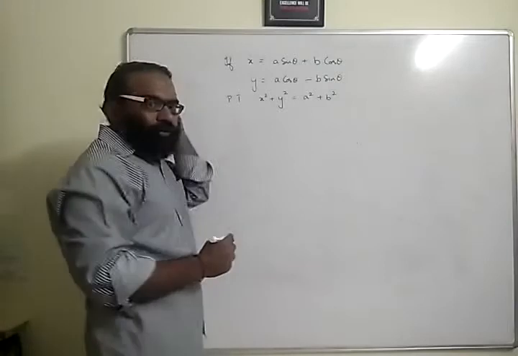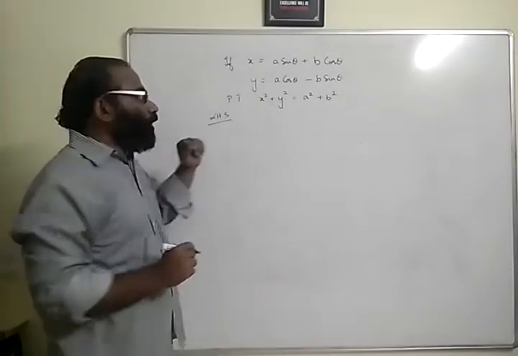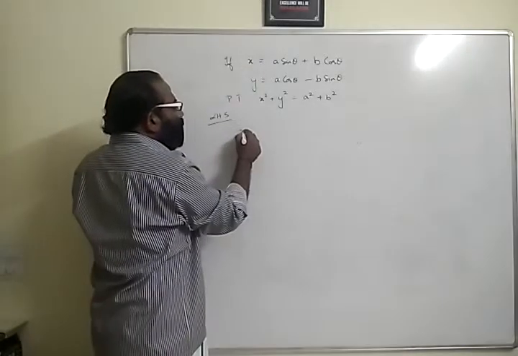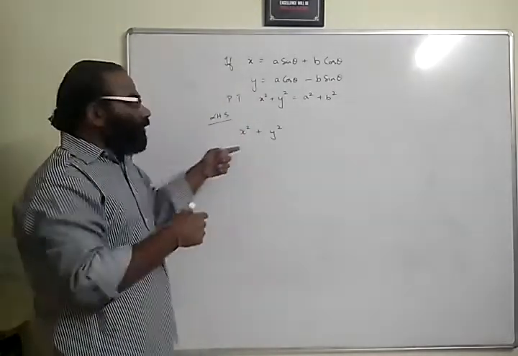So here I have to take the left hand side. The left hand side is x squared plus y squared. Let me just substitute the x and the y directly.